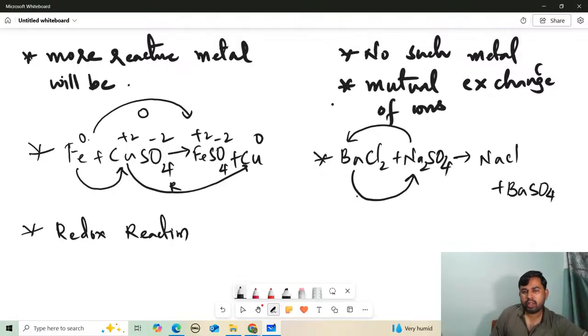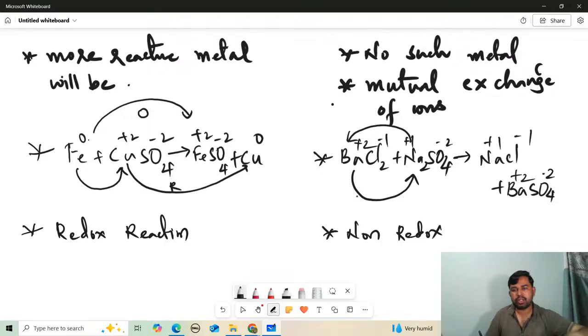Here we can say non-redox. Why? Barium is plus 2 here, and also plus 2 here. Chlorine is minus 1 here, and also minus 1. Na is plus 1, here also plus 1. Minus 2, here also minus 2. There is no change in the oxidation number. This you should know: redox and non-redox.